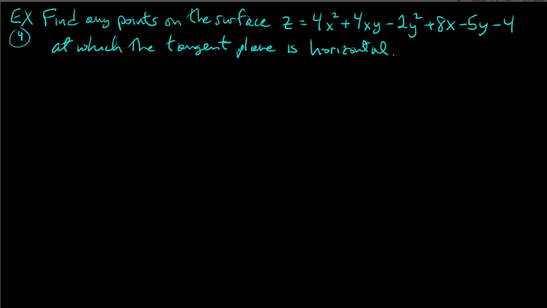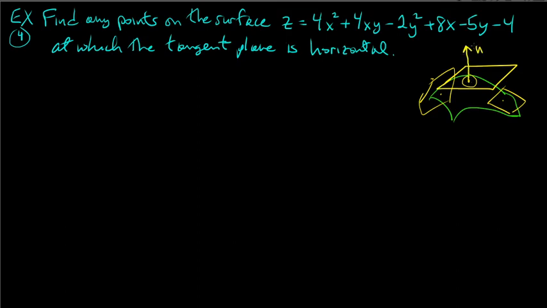So whatever your surface looks like, where will the tangent plane be horizontal? Probably not over here. Maybe somewhere at the top, here the tangent plane will be horizontal. If it has such a point, think about what happens to the normal vector.